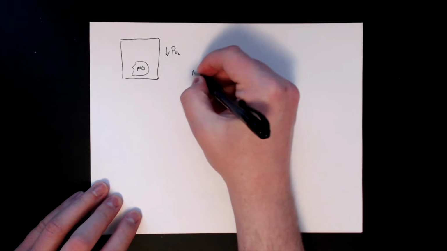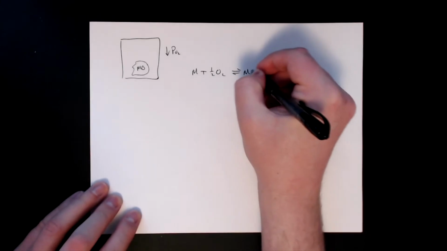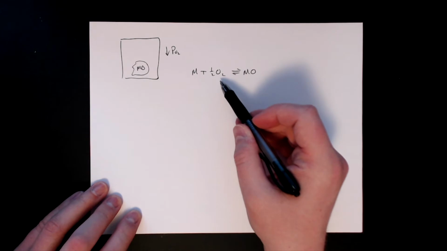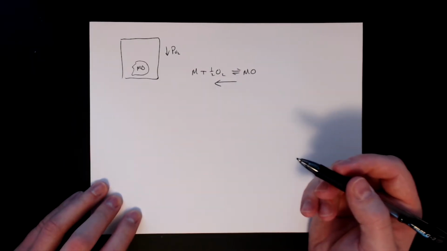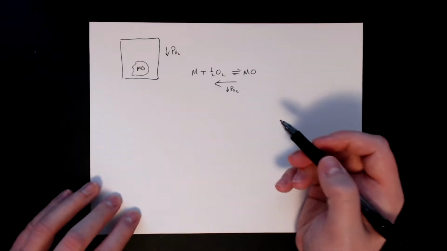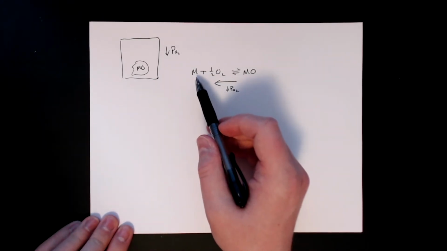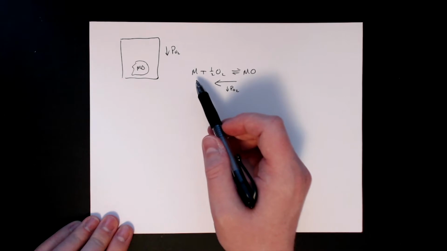If we think about the formation reaction, like this, that we've talked about before, if we lower the O2 in this case, we're driving the reaction in this direction. By lowering PO2, we're driving it more towards the metallic form, or we can also think about this as changing the structure.